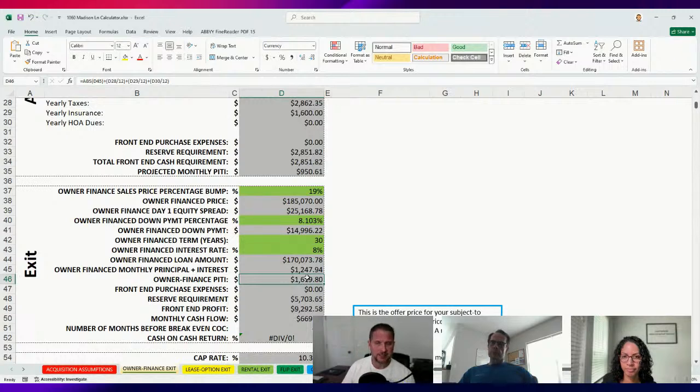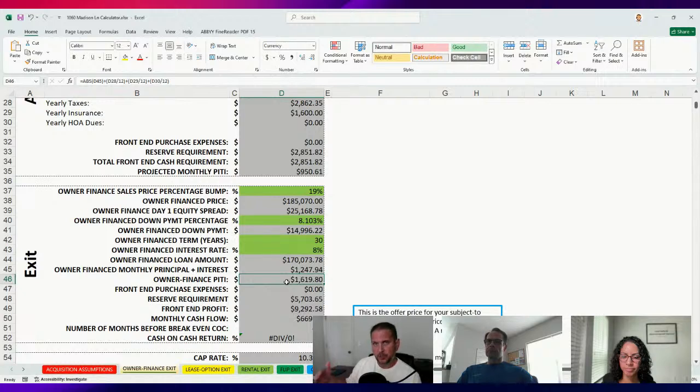So in this case, the rents in this area are between $1,600 and $1,800 per month, and I have structured this sale at an 8% interest rate, and that brings my buyer's payment, which includes principal, interest, taxes, and insurance, to a combined $1,619.